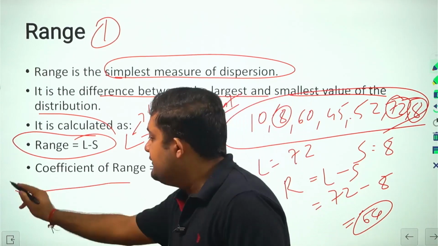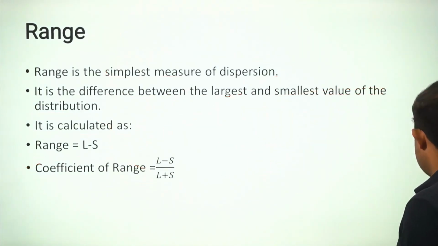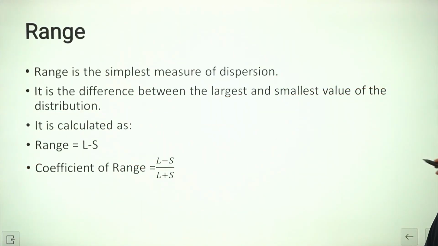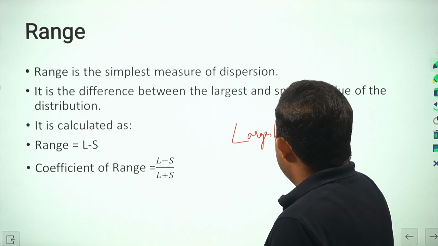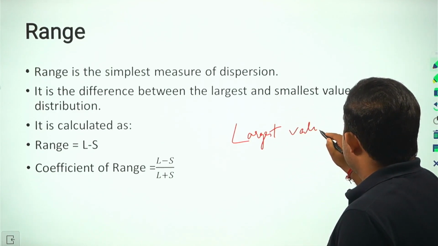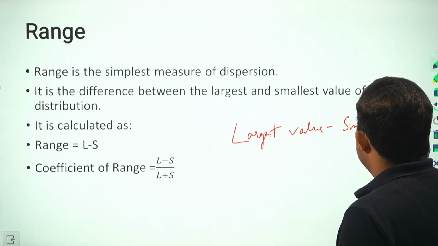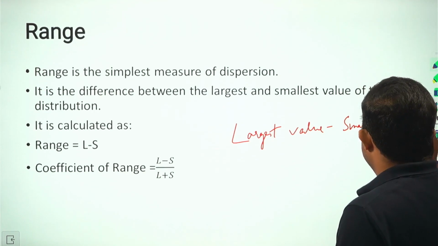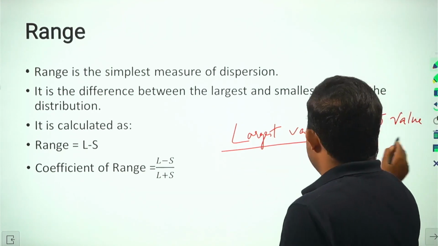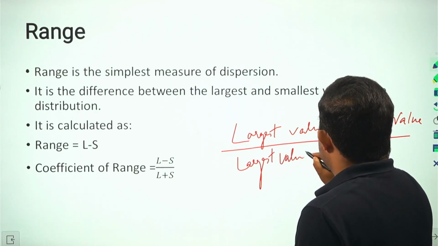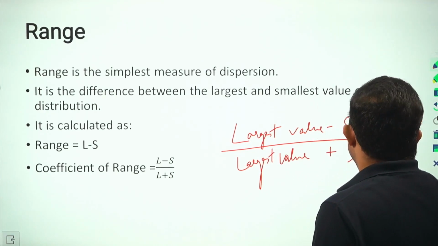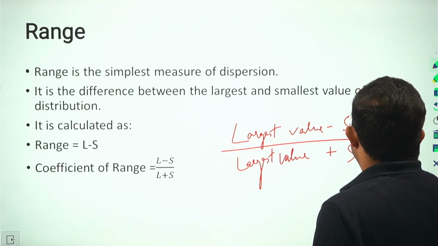So coefficient of range কি হয়, আমি অঙ্ক কৰিম, no doubt. Coefficient of range is largest value minus smallest value divided by largest value plus smallest value.